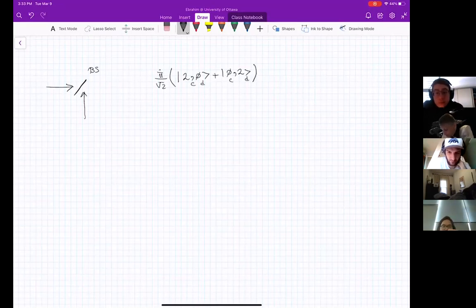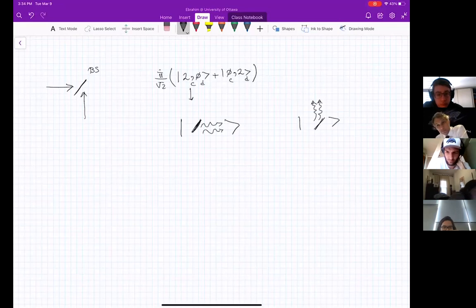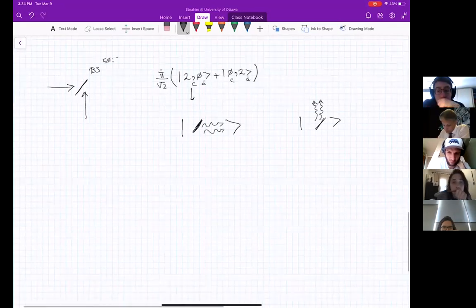This means that C is here, that's the detector, and this is a 2 photon state, and I have another 2 photon state. For a 50-50 beam splitter, what is the probability of each?